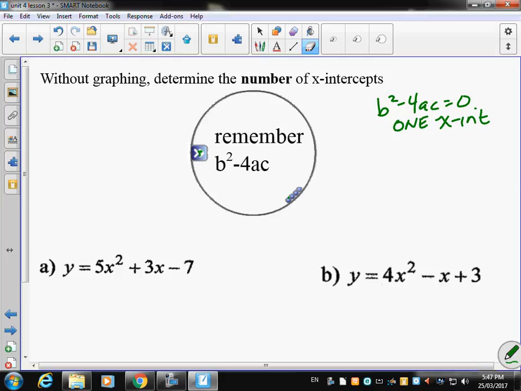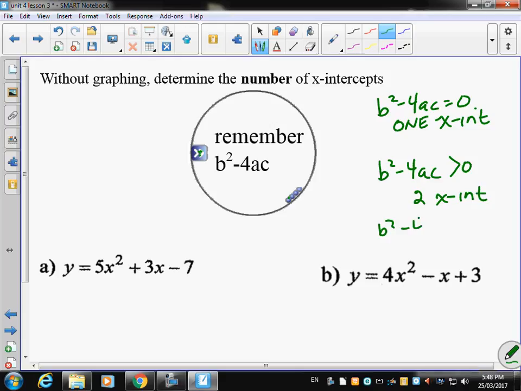If under the root sign, so that b squared minus 4ac business, is greater than 0, then I should have two x-intercepts. And if b squared minus 4ac, or the business under the root sign, was negative, then I should have no x-intercepts. We call this the discriminant.